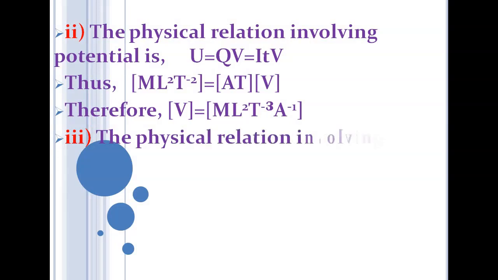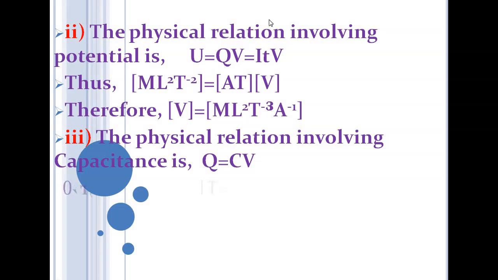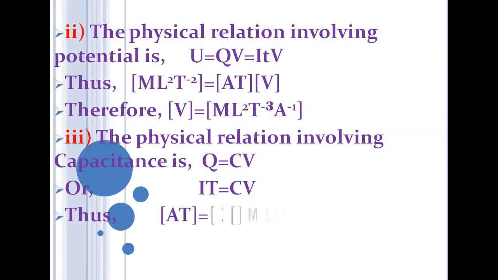Now let's go for the third part of the discussion. We have to find the dimensional formula for the capacitance, and the physical relation involving the capacitance is Q equals CV. In terms of dimension, we may write for Q once again AT. After that we have to find the capacitance, and the dimensional formula for V we have found is ML^2T^-3A^-1, so replace it and simplify.